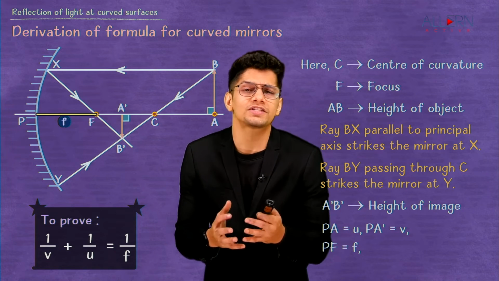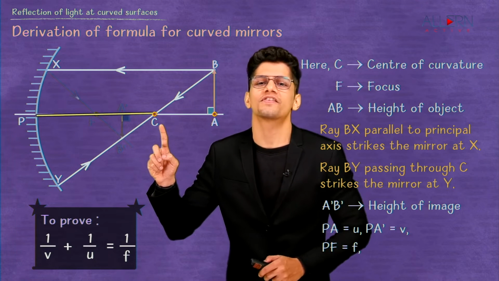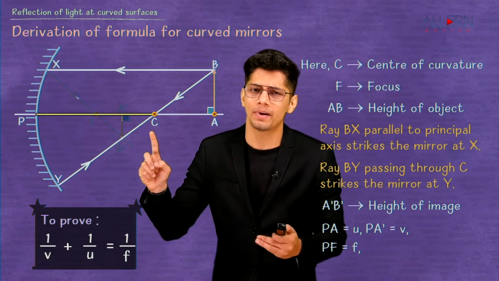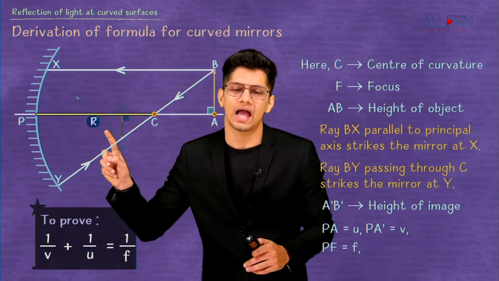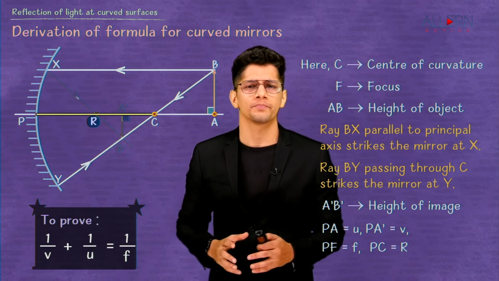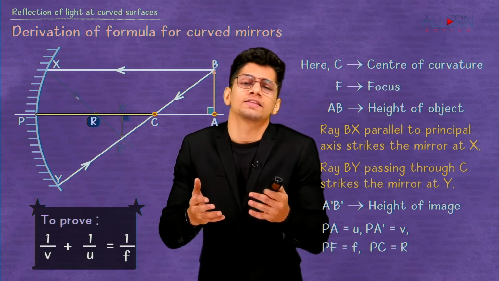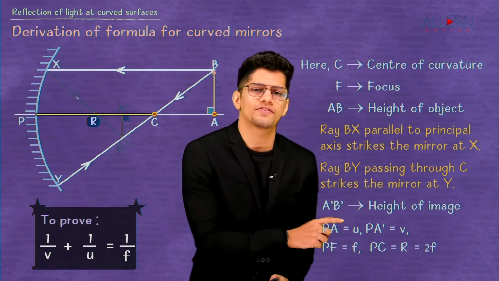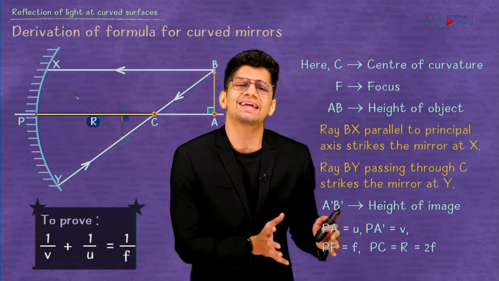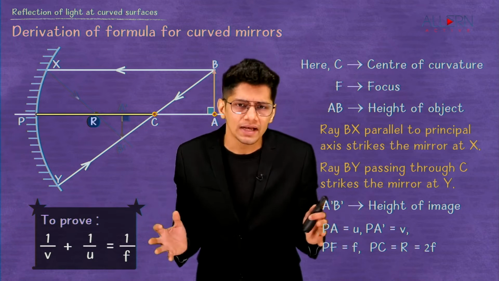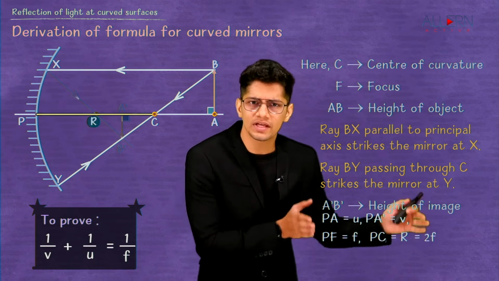It is the distance between the pole and the center of curvature, denoted by capital R. So PC is equal to R. But we also know that radius of curvature is twice the focal length, so PC is equal to R is equal to 2f. So this is the data that we have as of now, and this is how we start the derivation of the formula for curved mirrors.